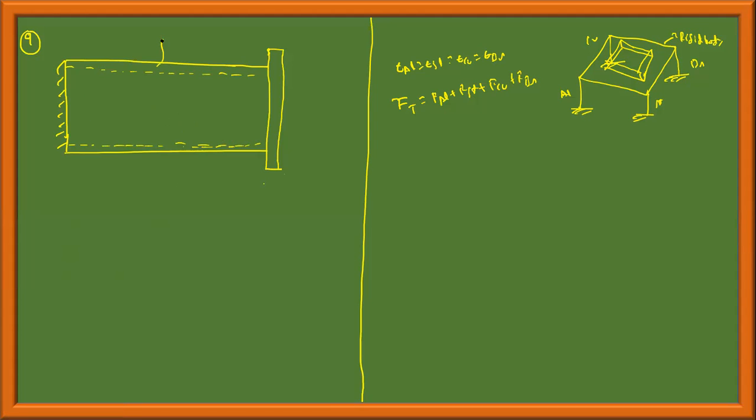Let me write. This is aluminum, and the outer diameter of the aluminum tube is 76 mm.